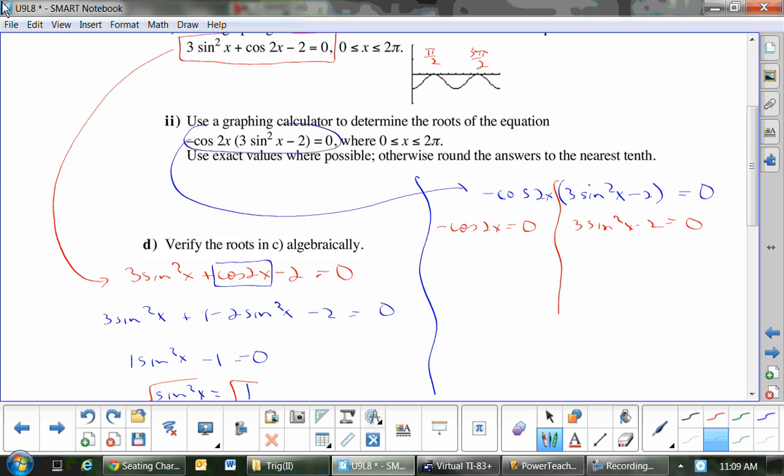So I can obviously multiply that by negative 1, and that's cos 2x equals 0. Now, we don't know when cos 2x equals 0, but when does cos x equal 0?